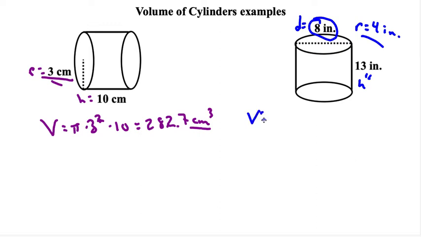After you've established what the radius and the height are, it's pretty easy. Pi times the radius, not the diameter, squared, times the 13. Is it important to square the correct thing? You bet. You get a very, very different answer. So this would be 653.5 cubic inches, or inches cubed.